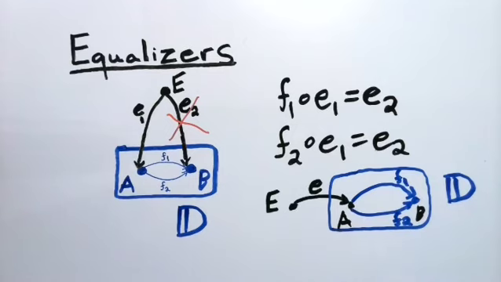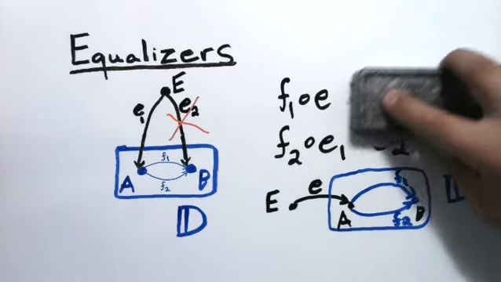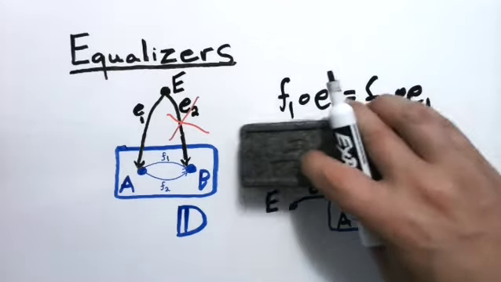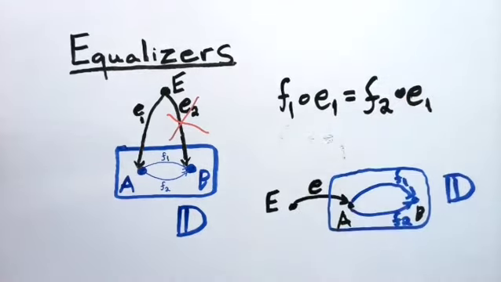Since these are just equal to each other, we can replace this condition with saying that F1 after E1 has to be equal to F2 after E1. So it actually simplifies our cone a little bit.